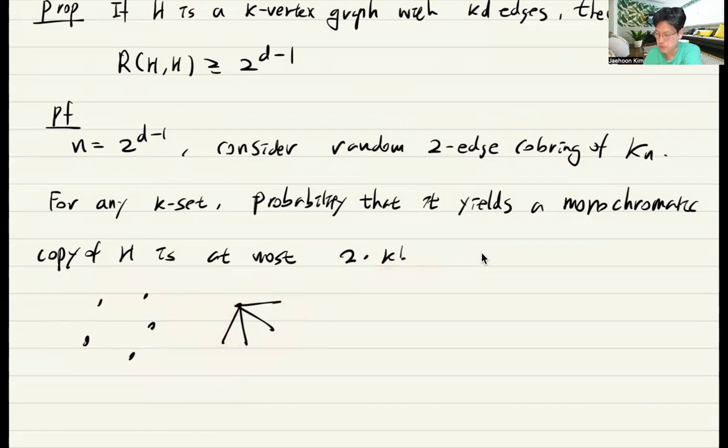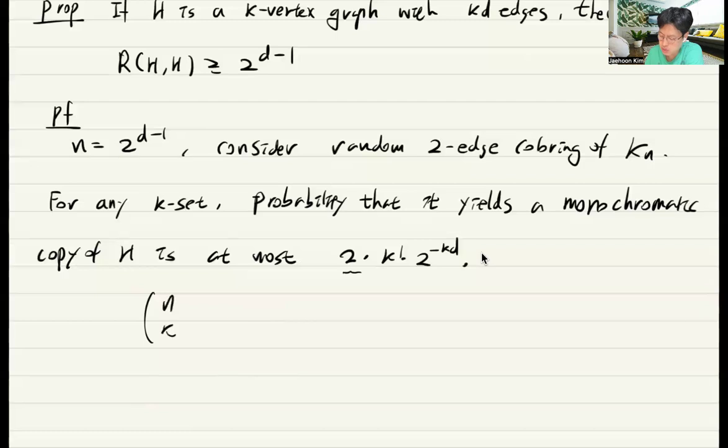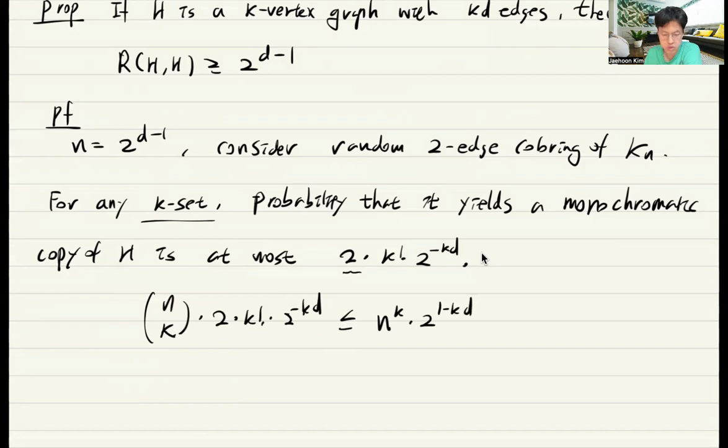And for one specific way to take it, the probability that all of it becomes the color that you have chosen is 2 to the negative kd. So using the union bound, there are n choose k choices of k-set, and each of them has probability at most this of yielding a monochromatic copy of H, and you can compute that this holds.